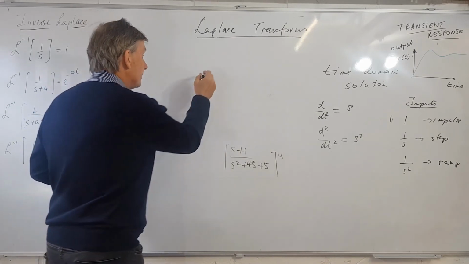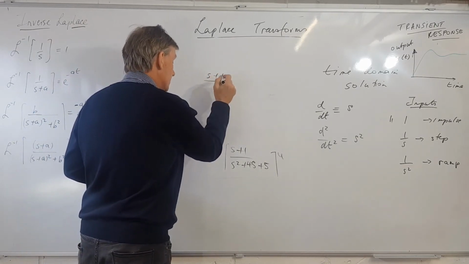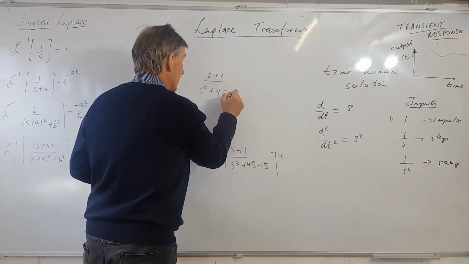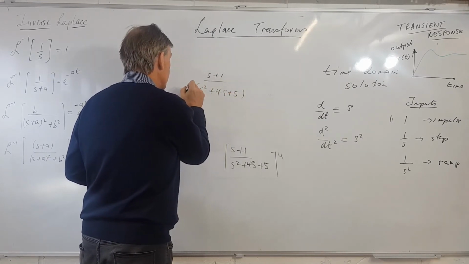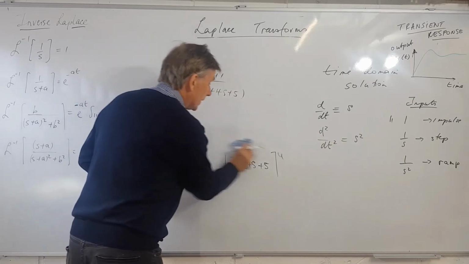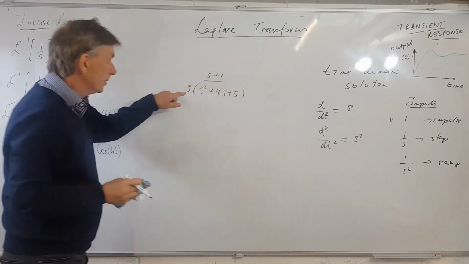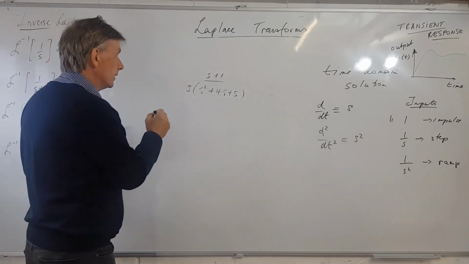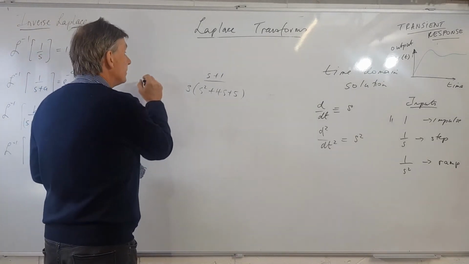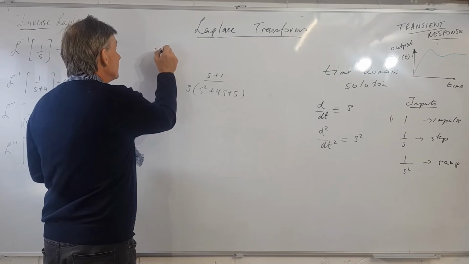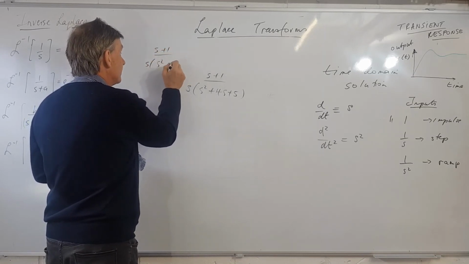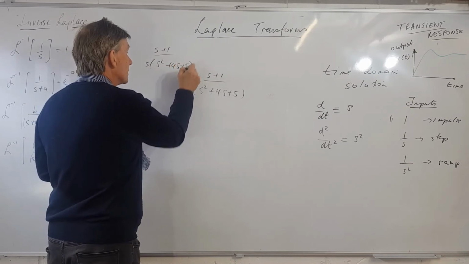So we're going to have s plus 1 over s squared plus 4s plus 5 multiplied by the 1 over s, which is the step response.